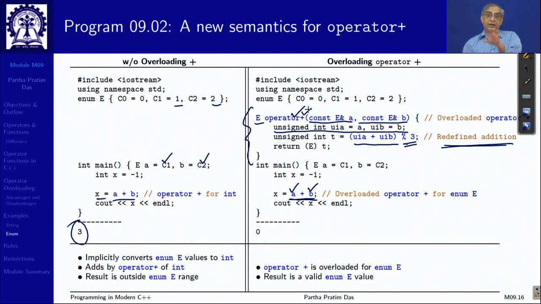So operator plus, this actually is a function, operator plus A comma B, which binds with this function. So it will call this function instead of doing arithmetic conversion of A and B into int and doing an integer addition. When it does that, it will do the modulo addition and you will get a value 0. Try it out, great fun.